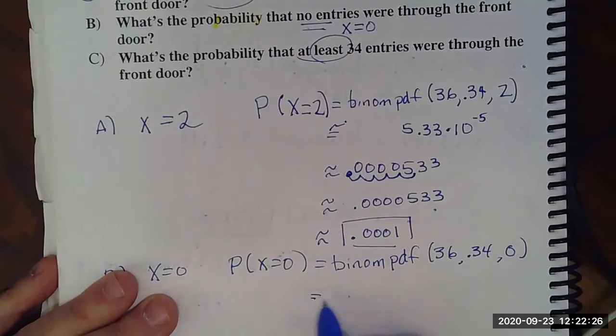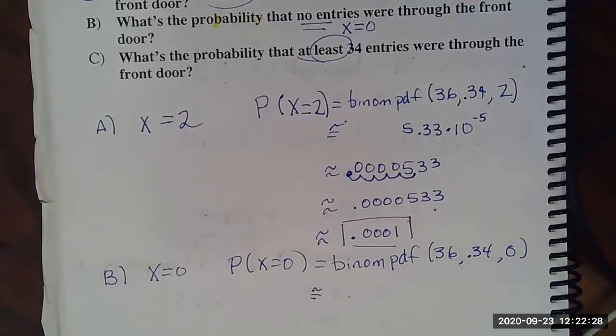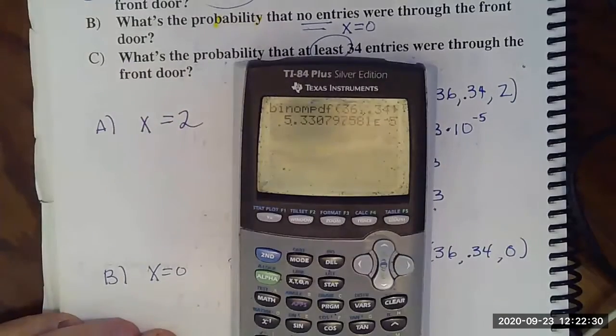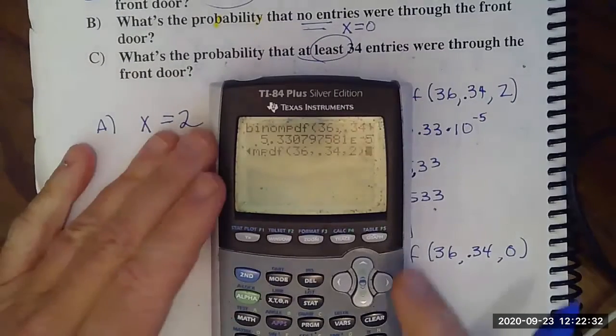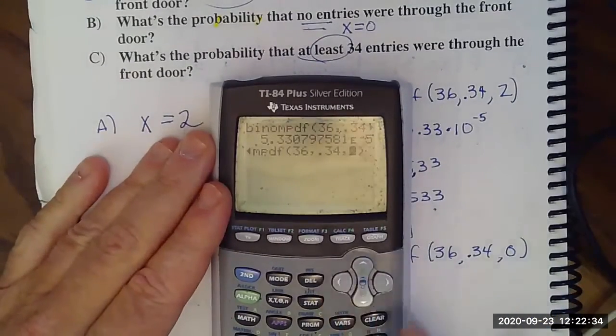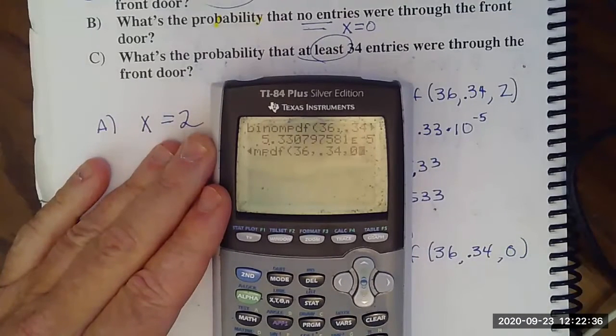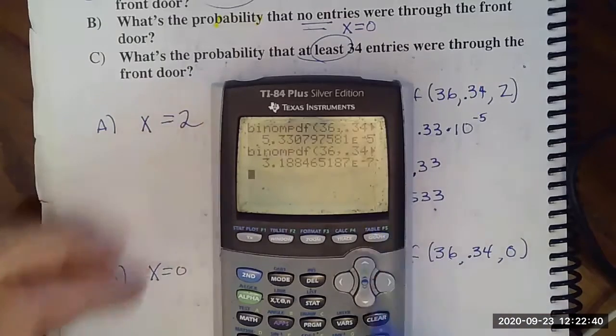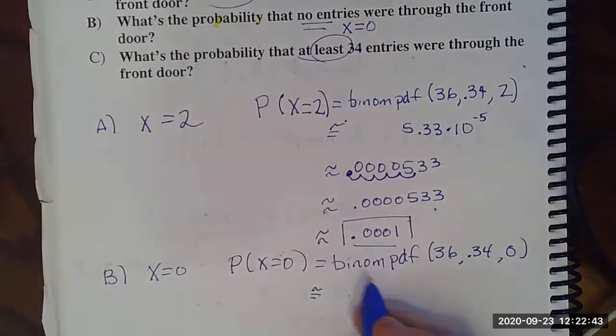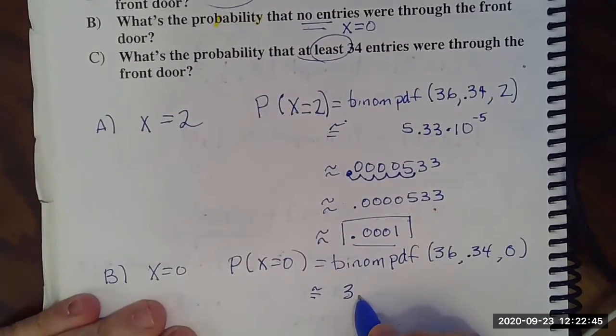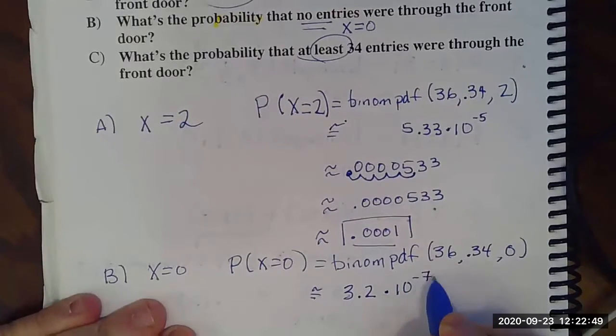So equals, or squiggle. Instead of a 2, it's a 0. Oh, okay, negative 7. So further over. So I've got 3.2 times 10 to the negative 7th.